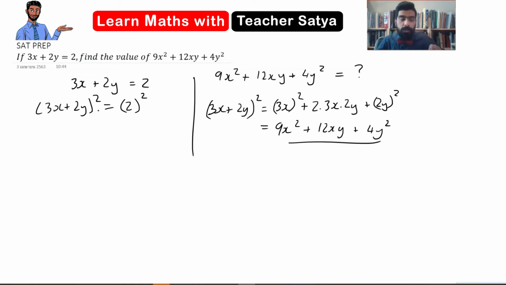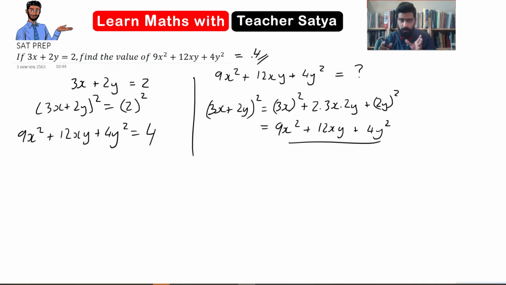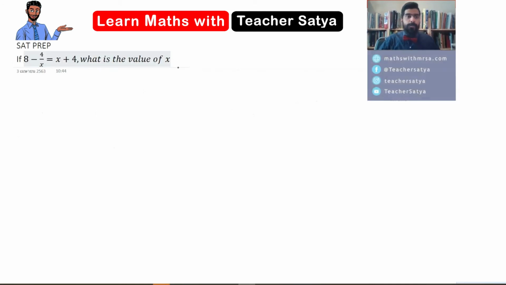And we know that 3x plus 2y whole squared will give us 9x squared plus 12xy plus 4y squared, and we know 2 to the power of 2 is equal to 4. Therefore, the value of this would be equal to 4. Okay, so when you see a question like this, just try to think which algebraic identity could be used here, test it out, and see how you can go from there.